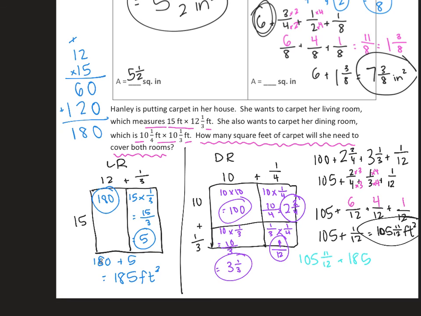I'm going to come up here so I can do 185 plus 105. 5 plus 5 is 10. 8 plus 0 is 8, plus 1 is 9, and 1 plus 1 is 2. So this is going to give me a final answer of 290 and 11/12 square feet as your final answer.